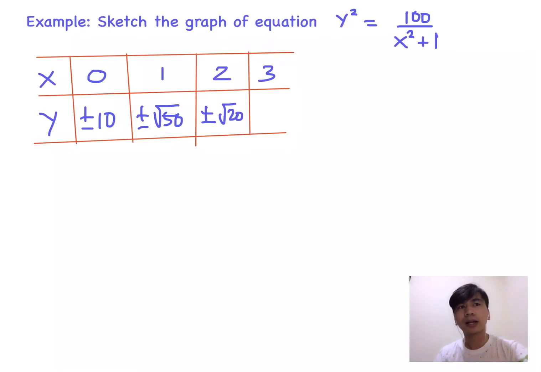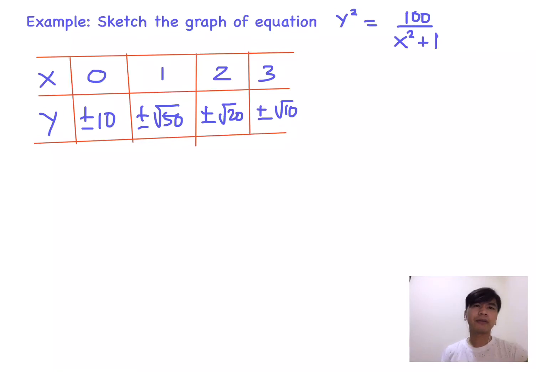And the last one, if x is 3, 3 squared is 9, plus 1 is 10, 100 divided by 10 is 10, so we have plus or minus square root of 10.